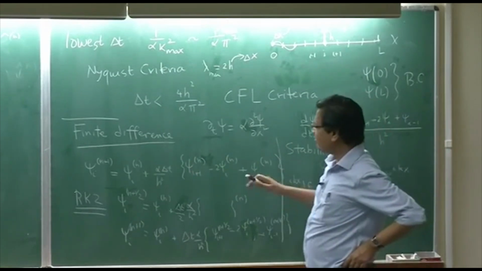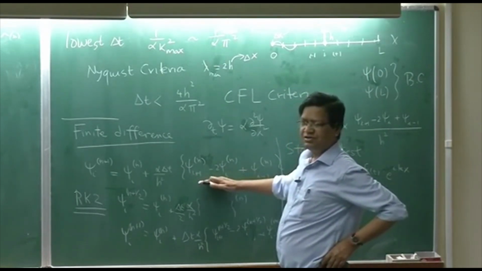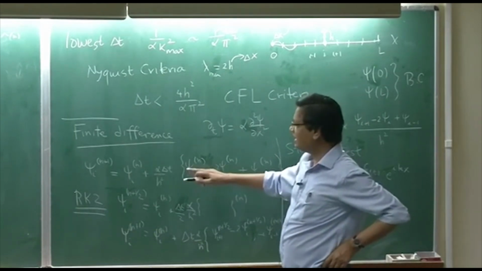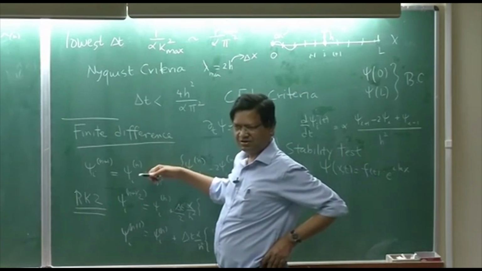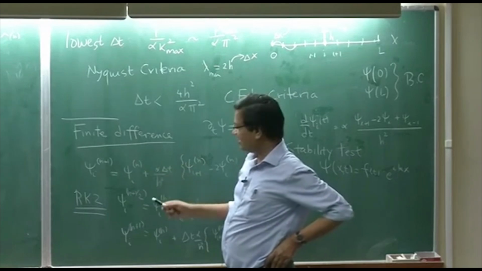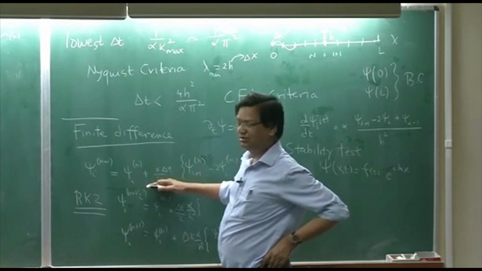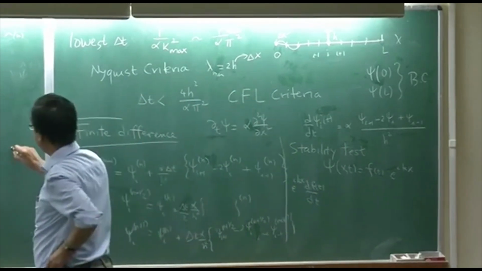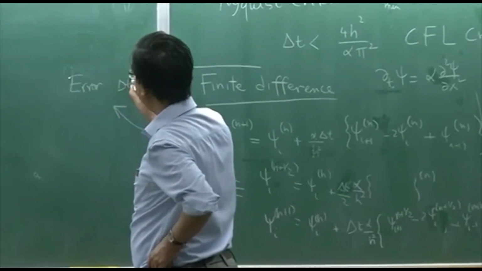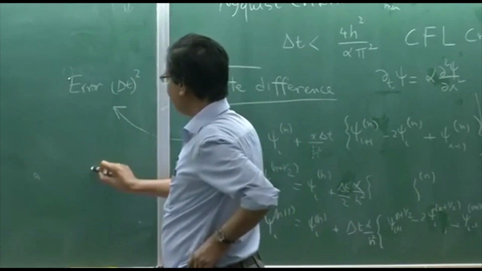Okay. Now what is the time accuracy for the Euler scheme? This scheme. So time accuracy will be delta t squared here, because this is first order in time, this is delta t. So error is of the order of delta t squared. Error per step is delta t squared, and here the error is delta t cube.